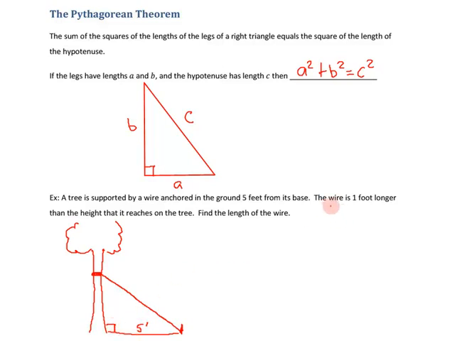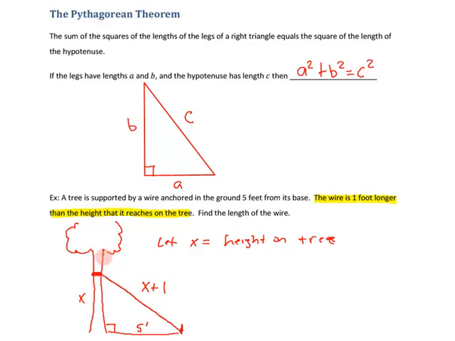And here's what we're told: the wire is 1 foot longer than the height it reaches on the tree. So if I let x equal the height on the tree, not the height of the tree, but how high up it goes, called this side here x, then the wire is x plus 1, because the wire is 1 foot longer than the height that it reaches on the tree.